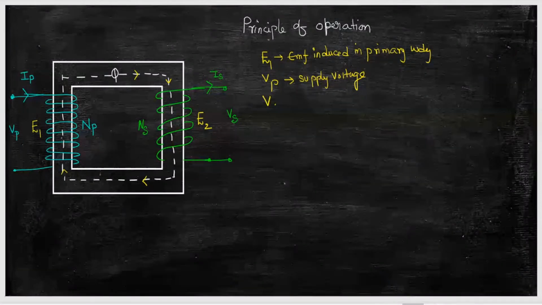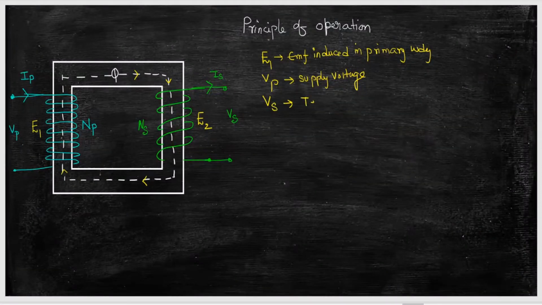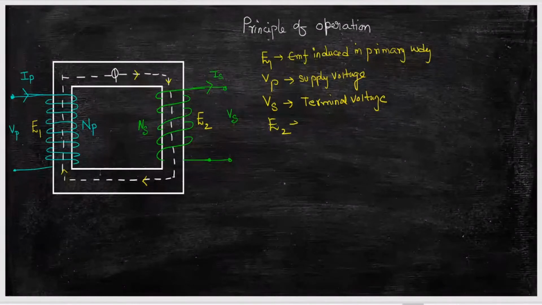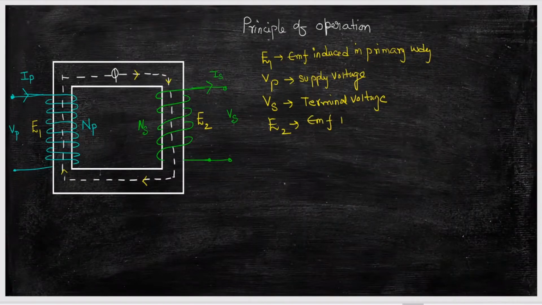VS is the terminal voltage. Now what is E2? E2 is the EMF induced in the secondary winding.